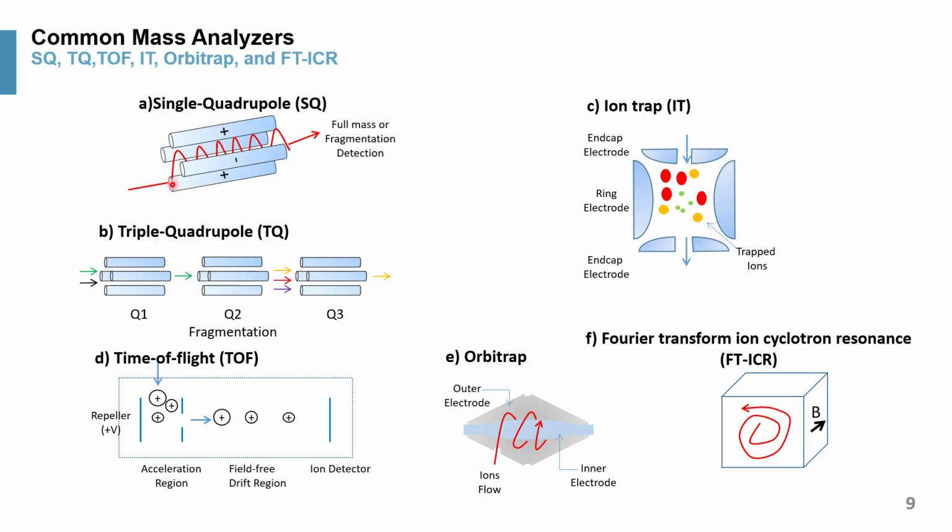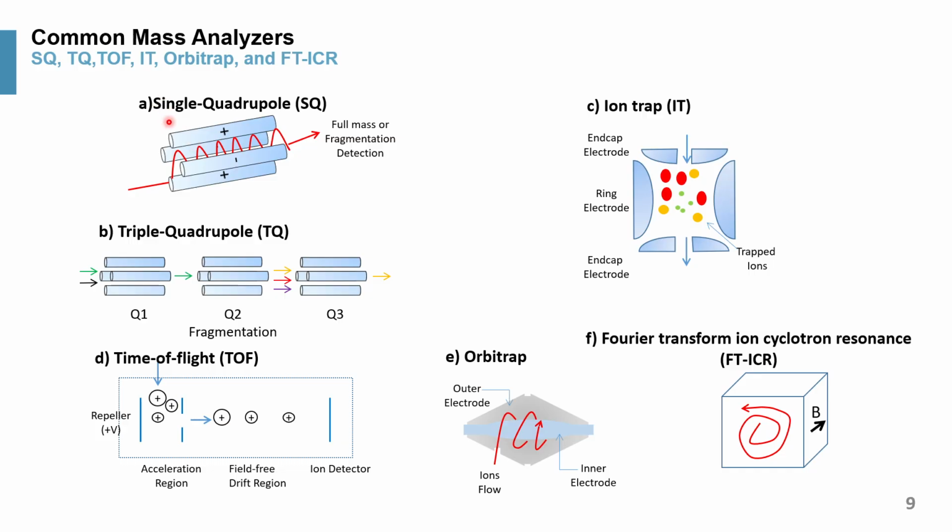This slide shows some common mass analyzers, starting with single quad, triple quad, time of flight, ion trap, Orbitrap, and FT-ICR. So the three on top are low resolution mass specs.